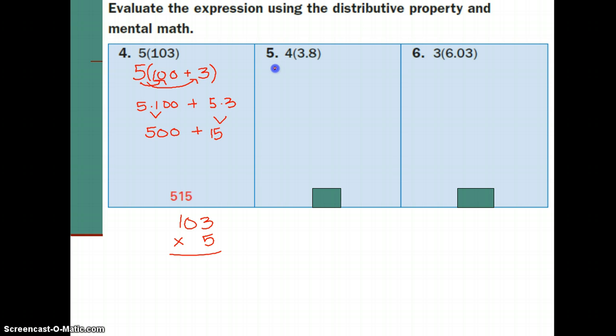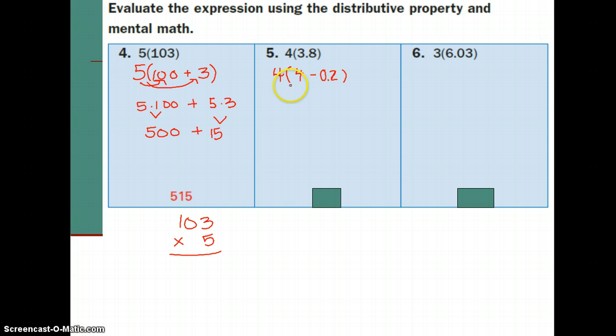If you are having trouble setting up number 5, let me help. 4 times, well, I know that 3.8 is 4 minus 2 tenths.